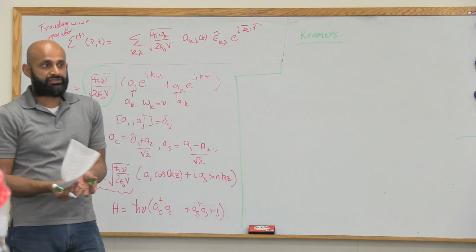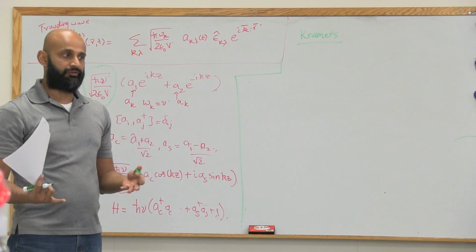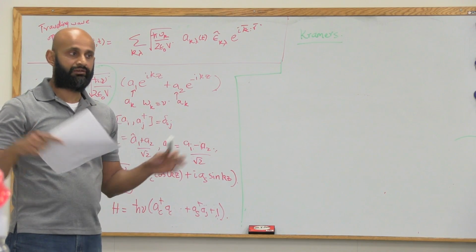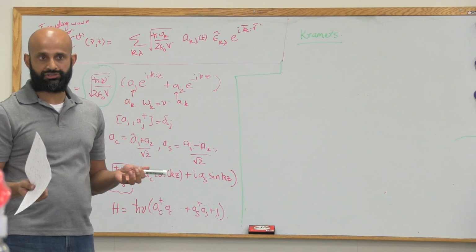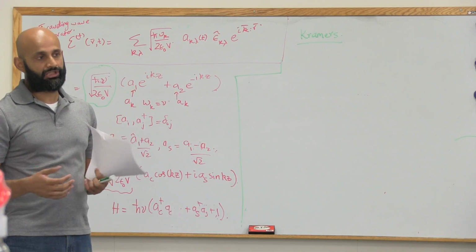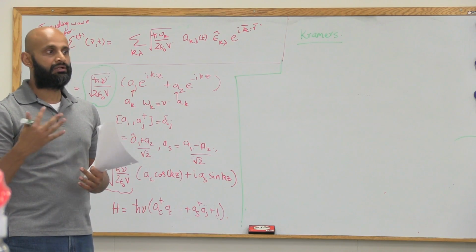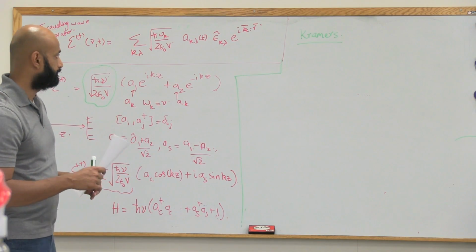Just like the Schrodinger equation governs the propagation of the matter wave, right? That's how we learn about quantum mechanics: there's a matter wave associated with every particle, that matter wave obeys the Schrodinger equation, and the probability of finding the particle at some point in space is given by psi squared.